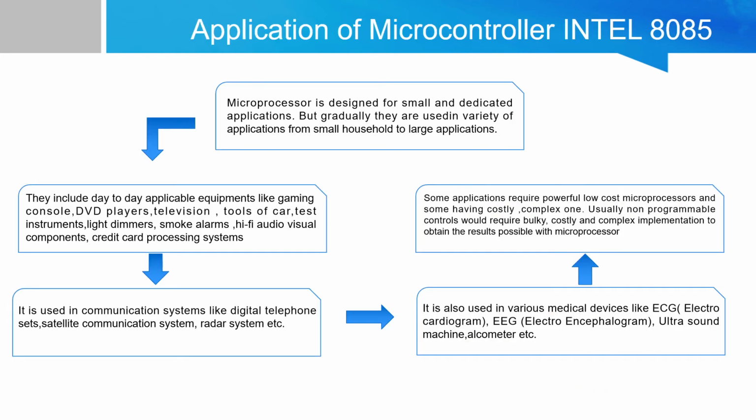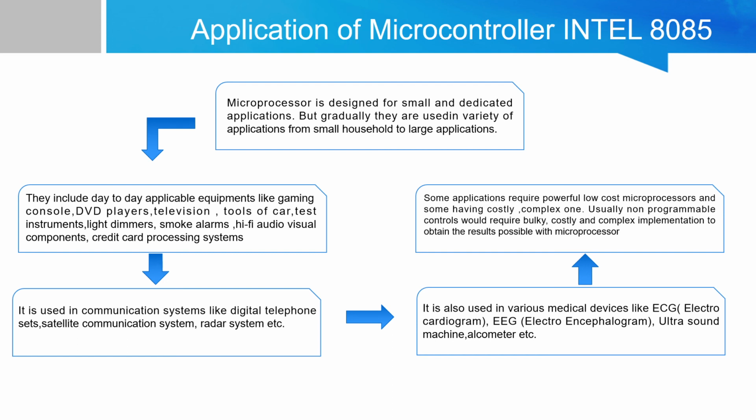Application of the Intel 8085 microprocessor. First, the microprocessor was designed for small and dedicated applications, but gradually they are used in a variety of applications from small household to large applications. So they include day-to-day equipment like gaming consoles, DVD players, television, tools of car, test instruments, light dimmers, smoke alarms, hi-fi audio-visual components, credit card processing systems.